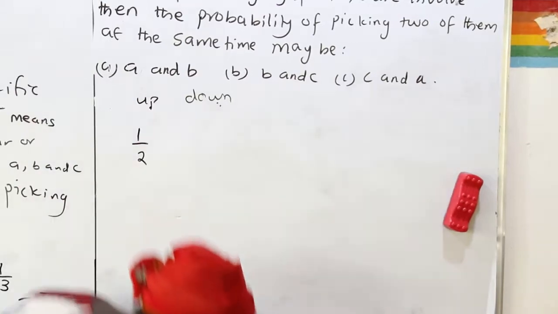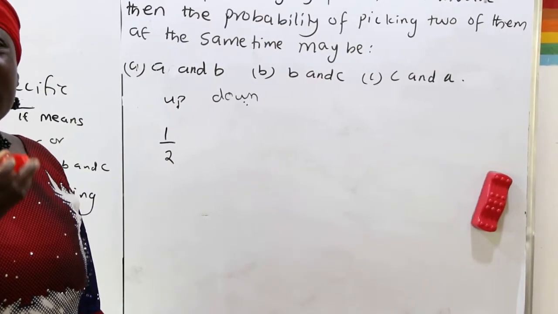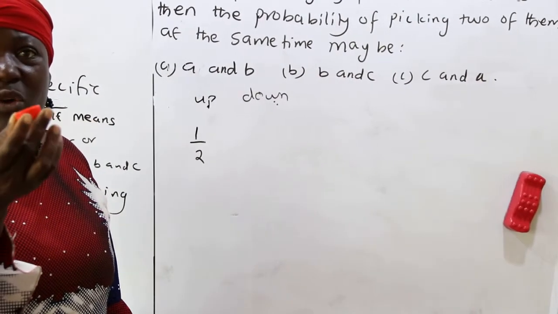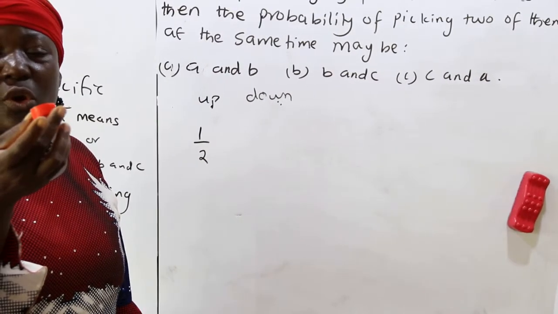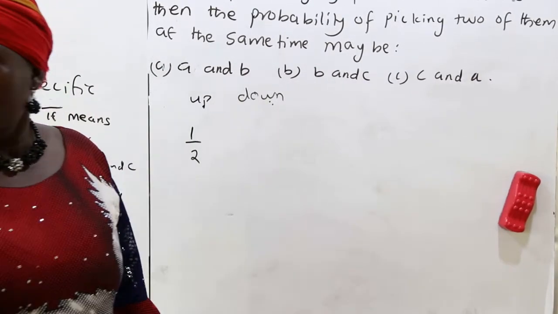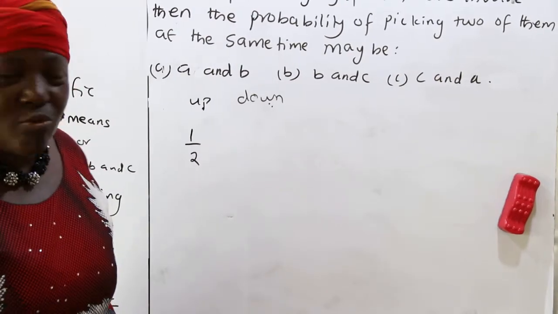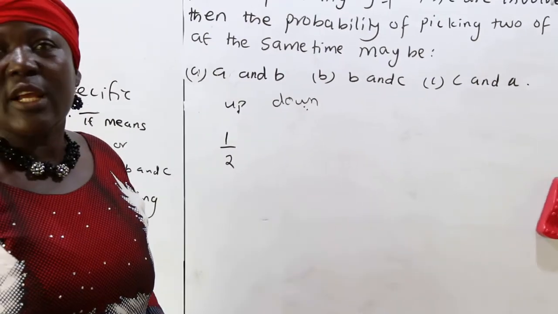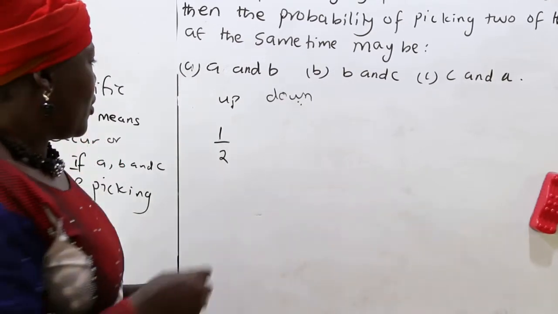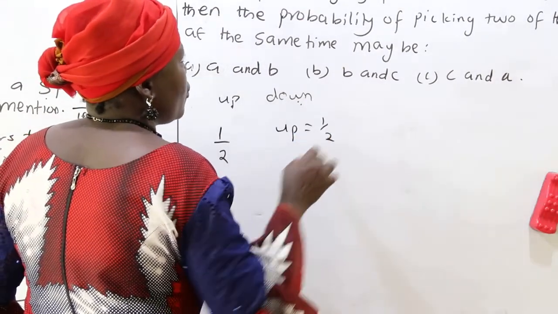But if I say this top now, I will ask you, what is the probability of throwing a counter? This, we call it a counter. Okay? So what is the probability of throwing a counter, and the probability is either up or down? I will say calculate the probability that it is up or down. Then my up, I know, is equal to 1/2.